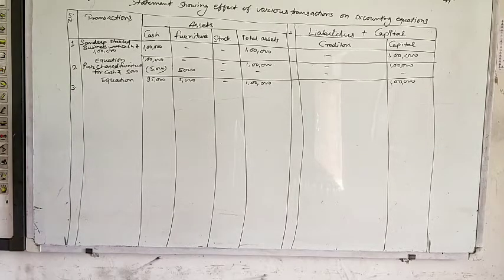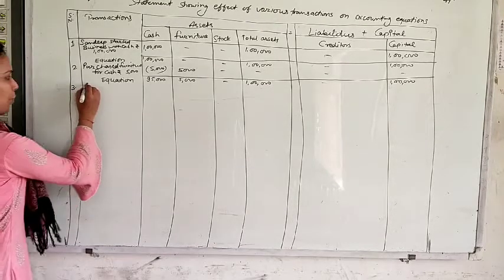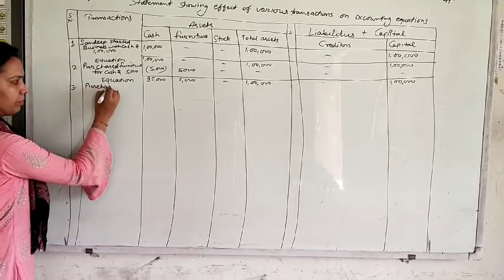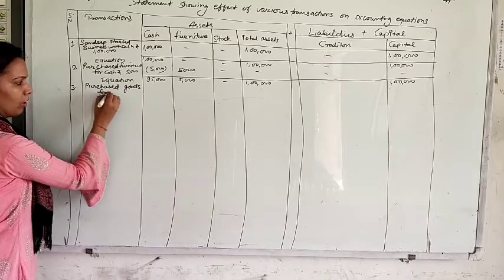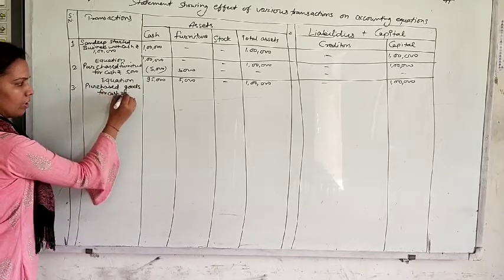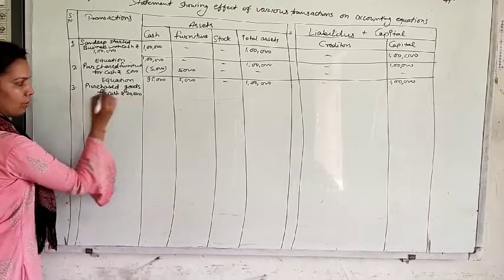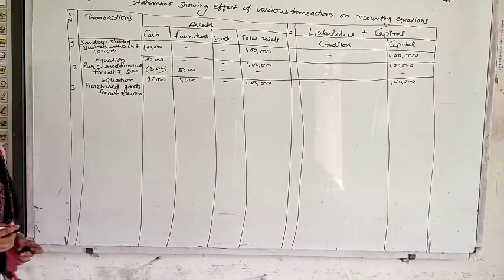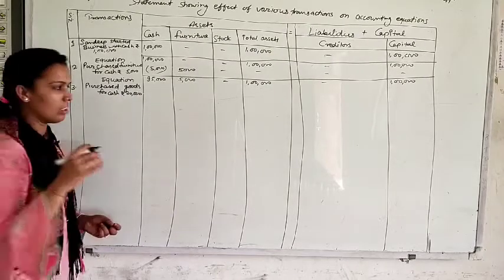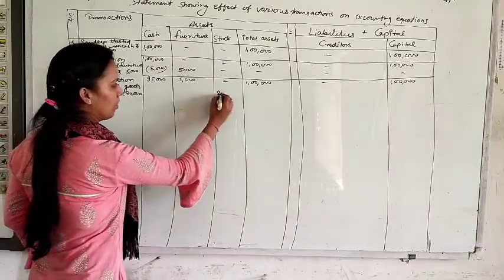Purchased goods for cash, rupees 20,000. So what will you do in this? Goods purchased means your stock increased in the business by 20,000.